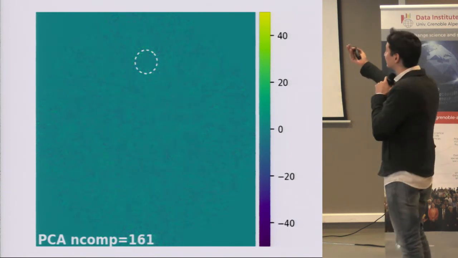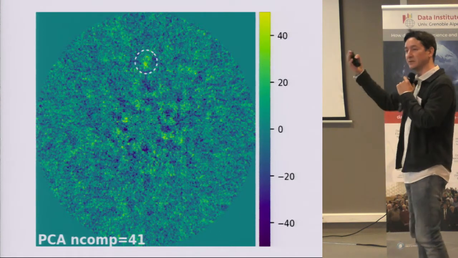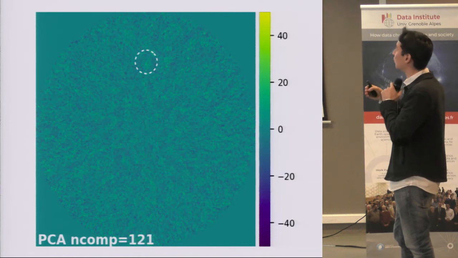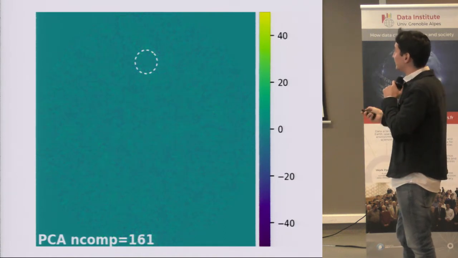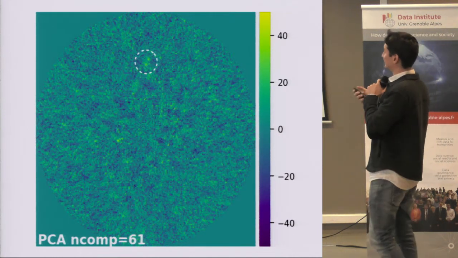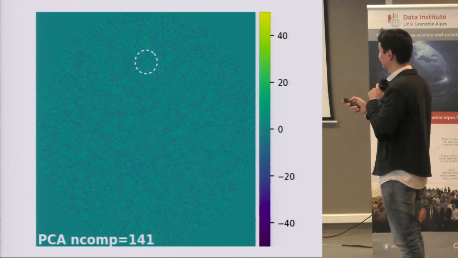Obviously the signal of the planet is subtracted in, it gets carried inside the model and is subtracted. So it also hurts the sensitivity, right? So how many true companions we can detect.